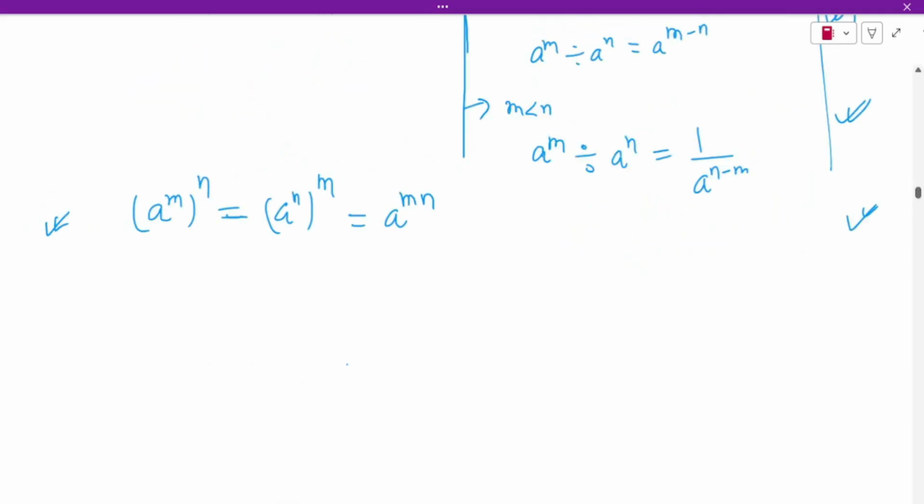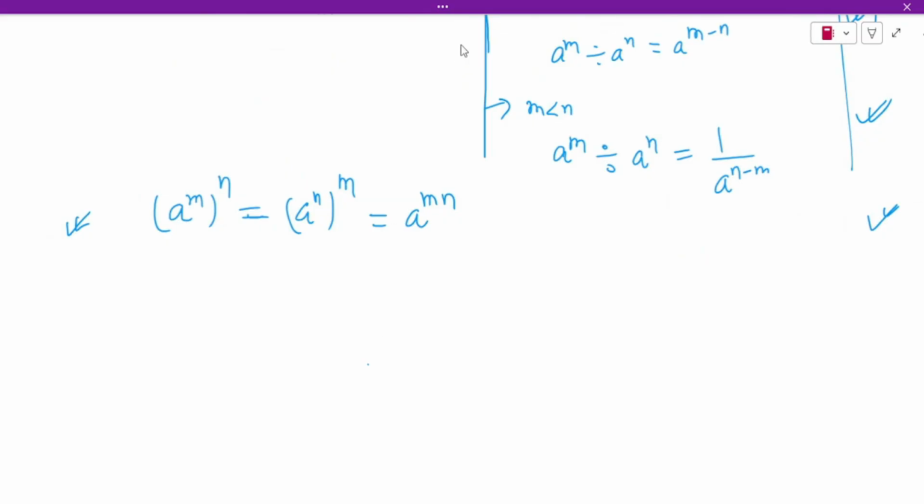The next law that I have discussed is the power of product rule. If we have any two numbers in product, a into b, having power n, then that power will distribute among each of the bases, which is equal to a to power n times b to power n. And this rule works for a finite number of multiplications of the base.